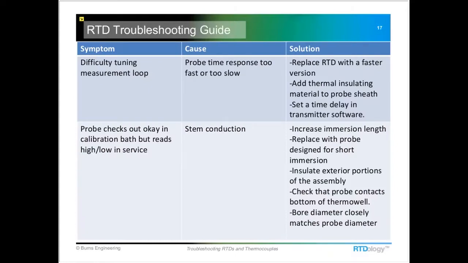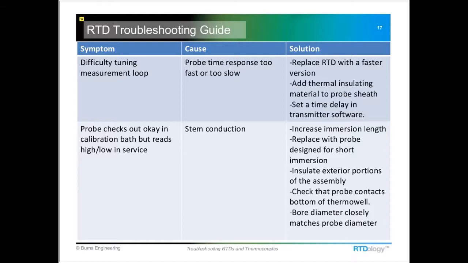A couple more things to look at. We've had issues with people not being able to tune their measurement loop. They'll put some settings in, and then the process will either get too hot or too cold, or it just won't be working correctly.